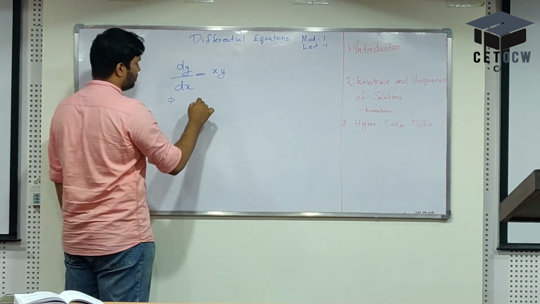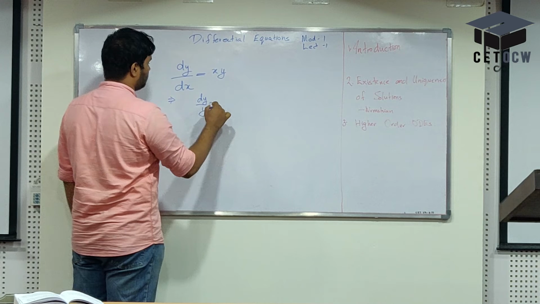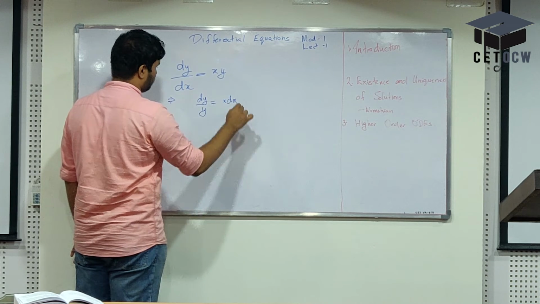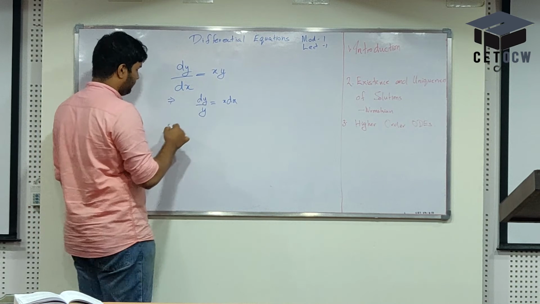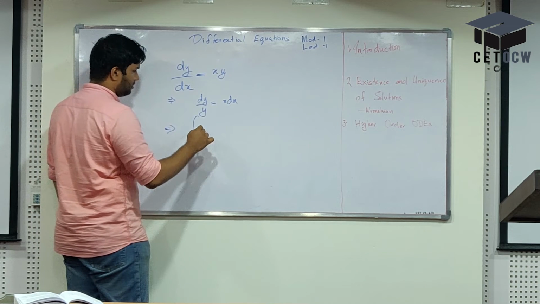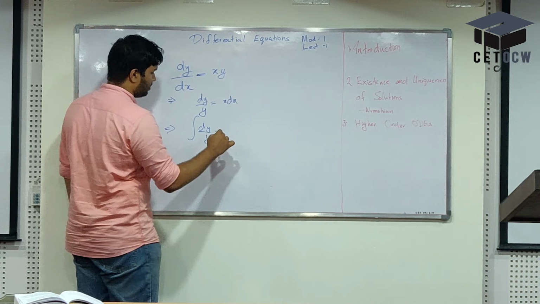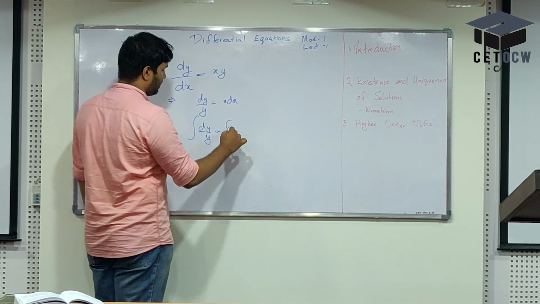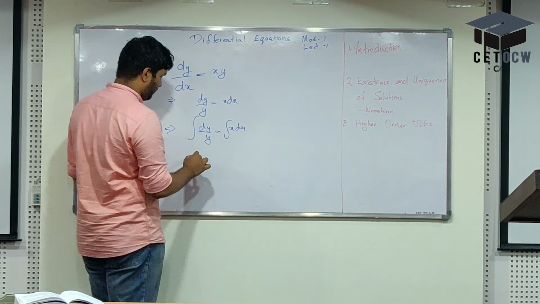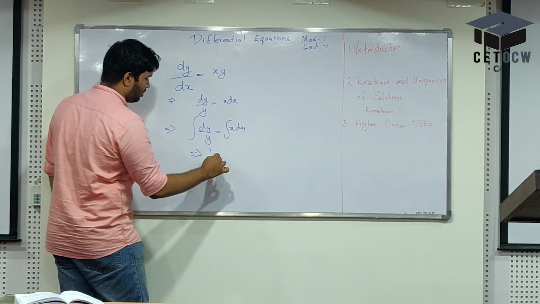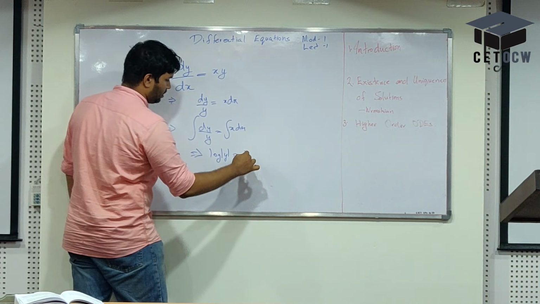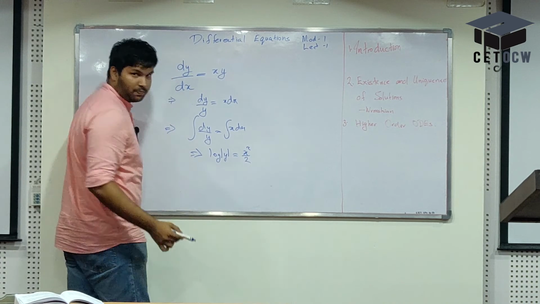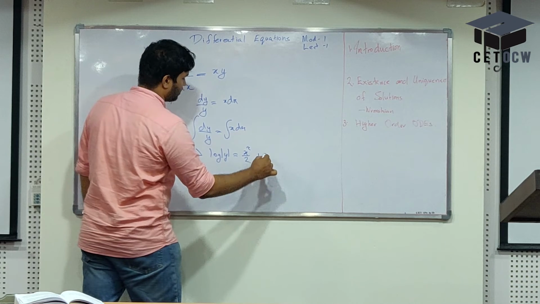This simplifies to dy by y is equal to x dx. Now, if you integrate on both sides, we'll get integral dy by y is equal to integral x dx. It simplifies to log mod y is equal to x squared by 2, and more importantly, plus a constant.